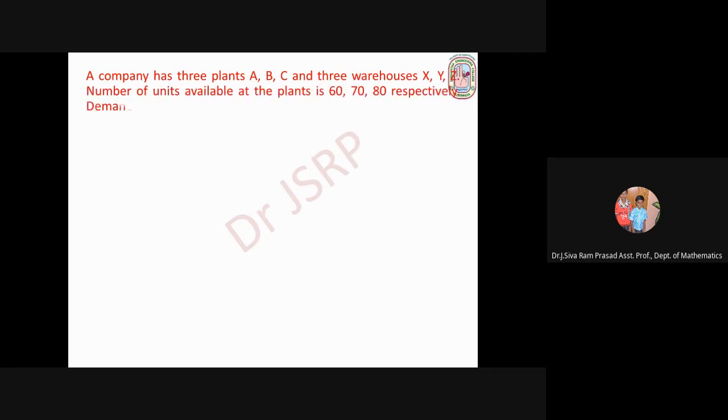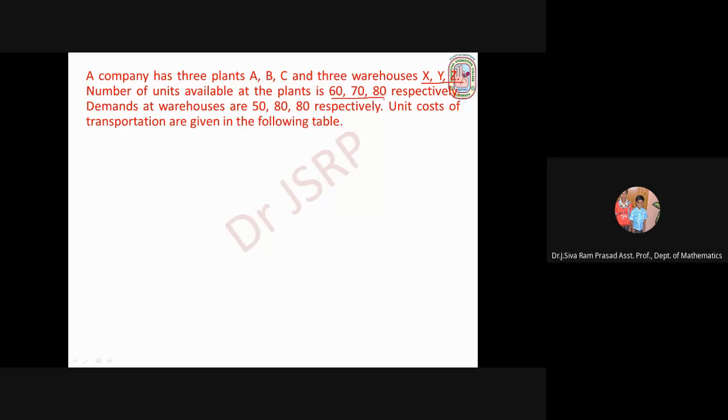Write this problem. A company has 3 plants, A, B, C, and 3 warehouses X, Y, Z. The number of units available at the plants is 60, 70, 80 respectively.